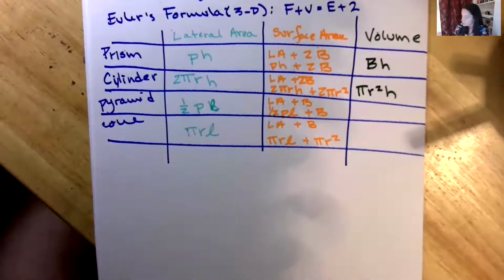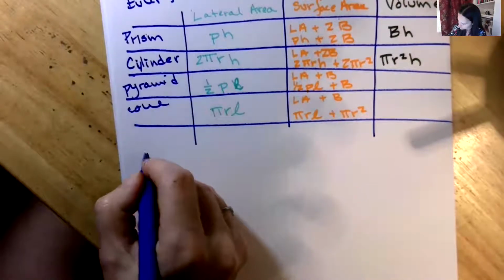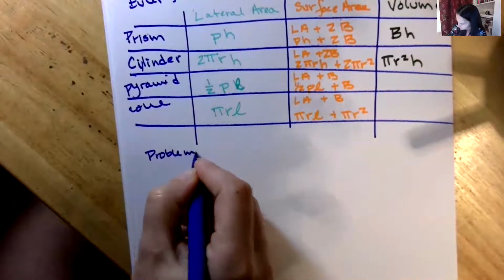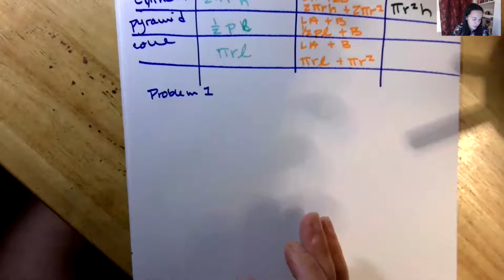Okay, so let's take a look at problem number 1 in your textbook on page 580. Problem 1 wants us to find the volume of a rectangular prism.